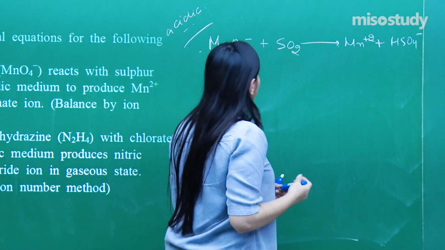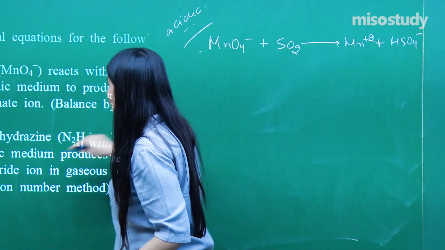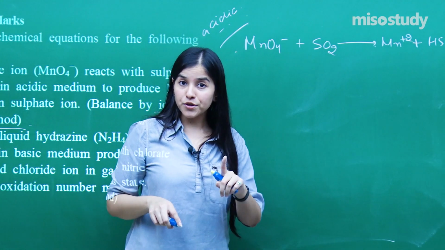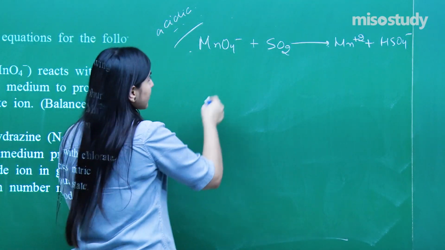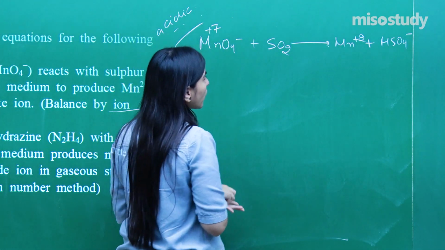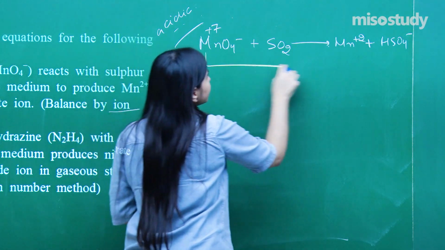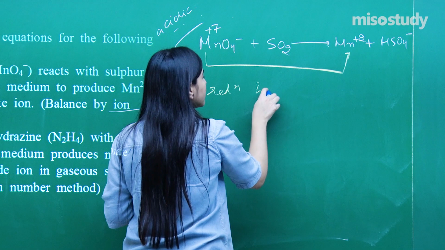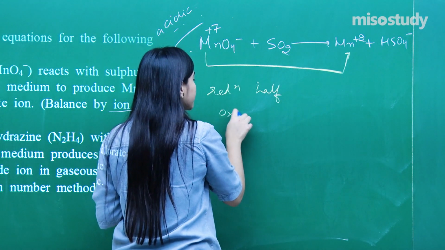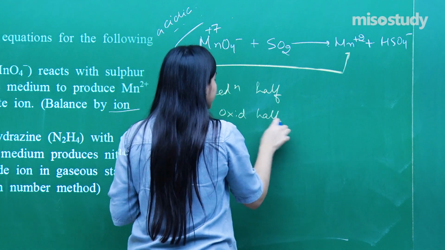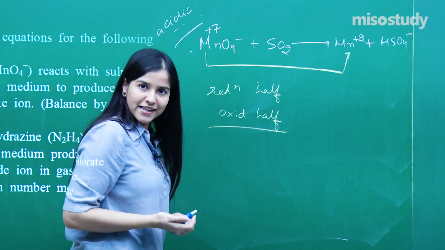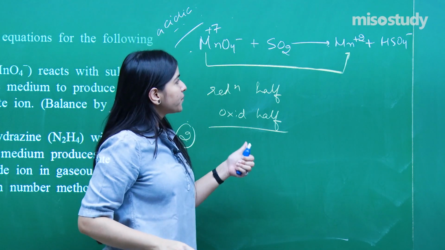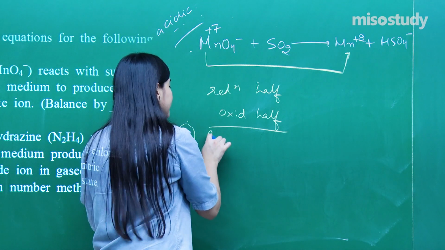Okay. So, what you have to do, they ask for the ion electron method, right? In ion electron, you remember, so first of all the reduction half. What is the reduction half? This is the reduction half. You need to separate reduction half and you need to separate oxidation half. Second step, what will be? Second step will be, you need to balance the atoms.